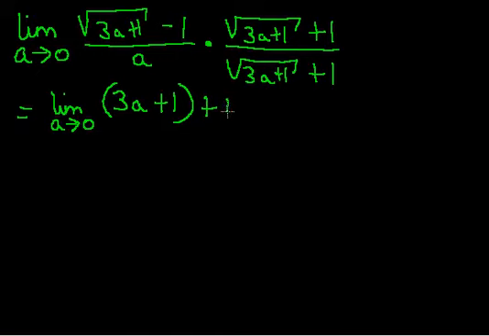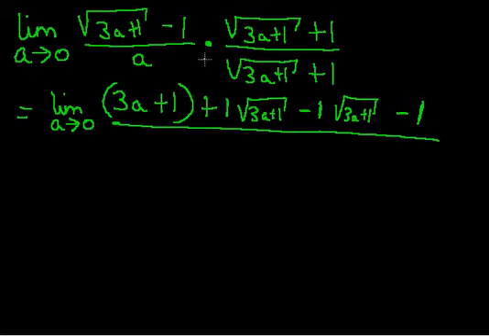It's plus 1 times the square root of 3a plus 1, minus 1 times the square root of 3a plus 1. And then finally we have negative 1 times 1, which is minus 1. And then this is all over a times the square root of 3a plus 1 plus 1.